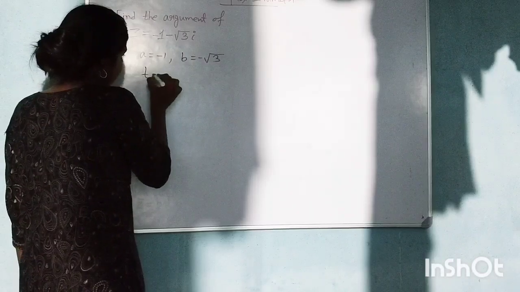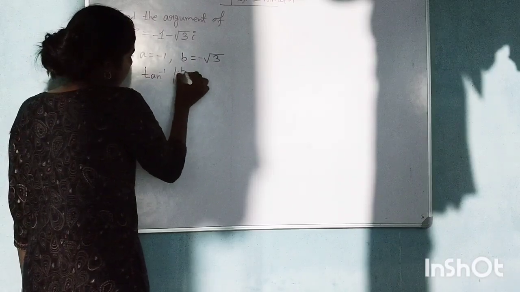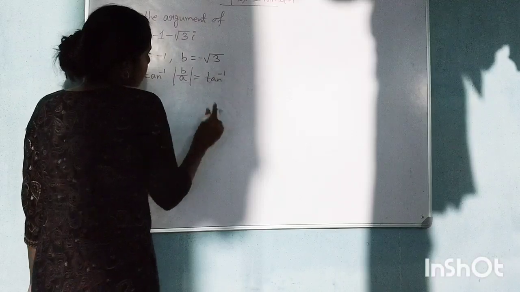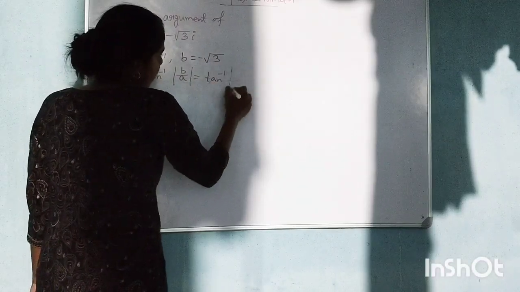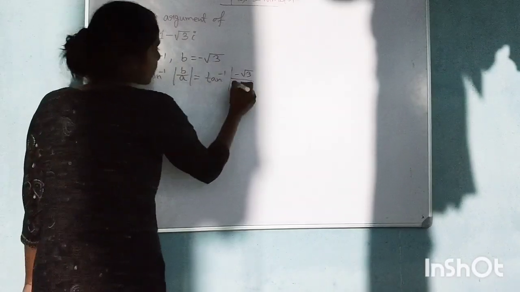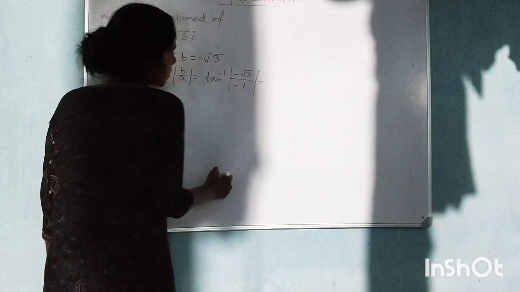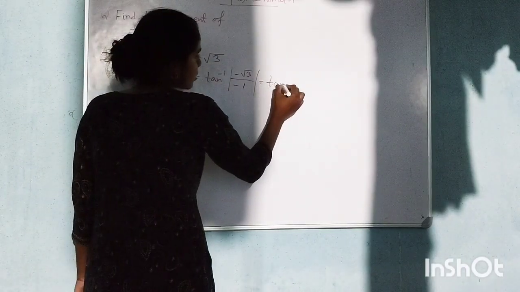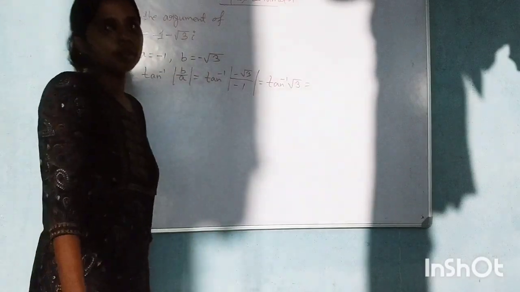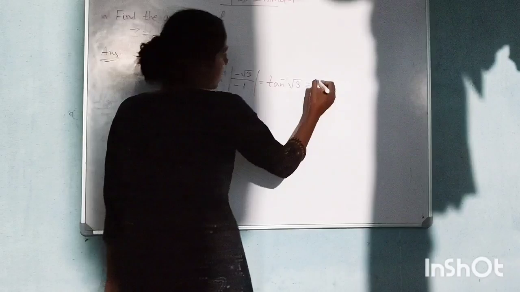So what will be tan inverse mod b by a? It will be tan inverse of minus root 3 by minus 1. So basically this is tan inverse root 3. What is the value of tan inverse root 3? Pi by 3.